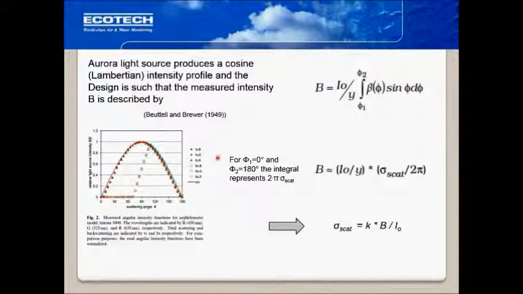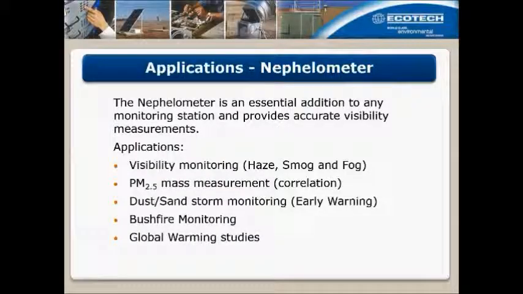And for the full angle area, this represents basically 2π times the scattering coefficient, and so the outcome of an integrating nephelometer gets you basically the scattering coefficient, a constant, the measurement result, and the intensity of your light source in relation to it. And this result is very straightforward, a result which you can obtain with an integrating nephelometer.